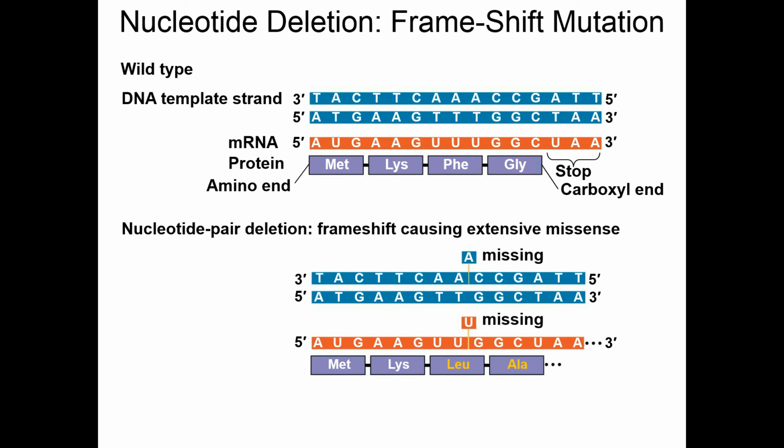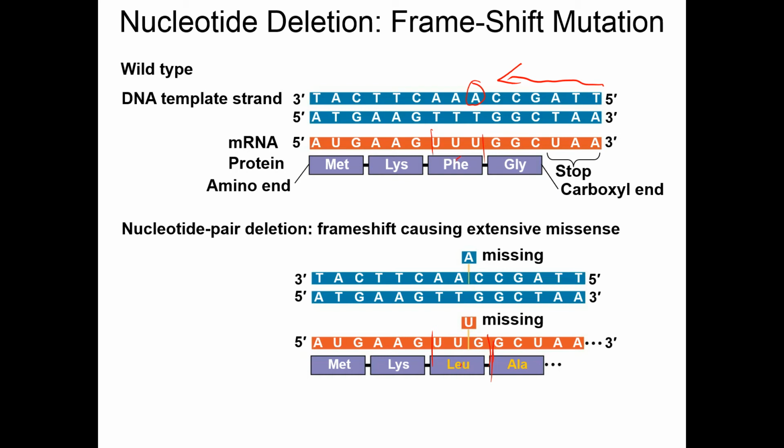Here, let's do a deletion. Let's cut out this adenine, which shifts the reading frame this way. Now, when you're looking at your messenger RNA, instead of UUU, you get UUG, which encodes for leucine instead of phenylalanine.